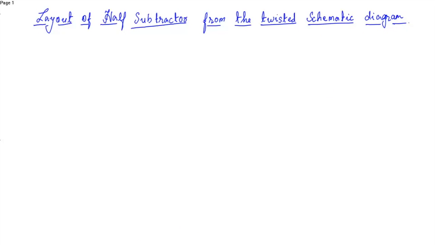Okay, so there are 6 PMOS and 6 NMOS. So first we'll draw the PMOS layer. First we'll draw the n-well and then the P diffusion layer.